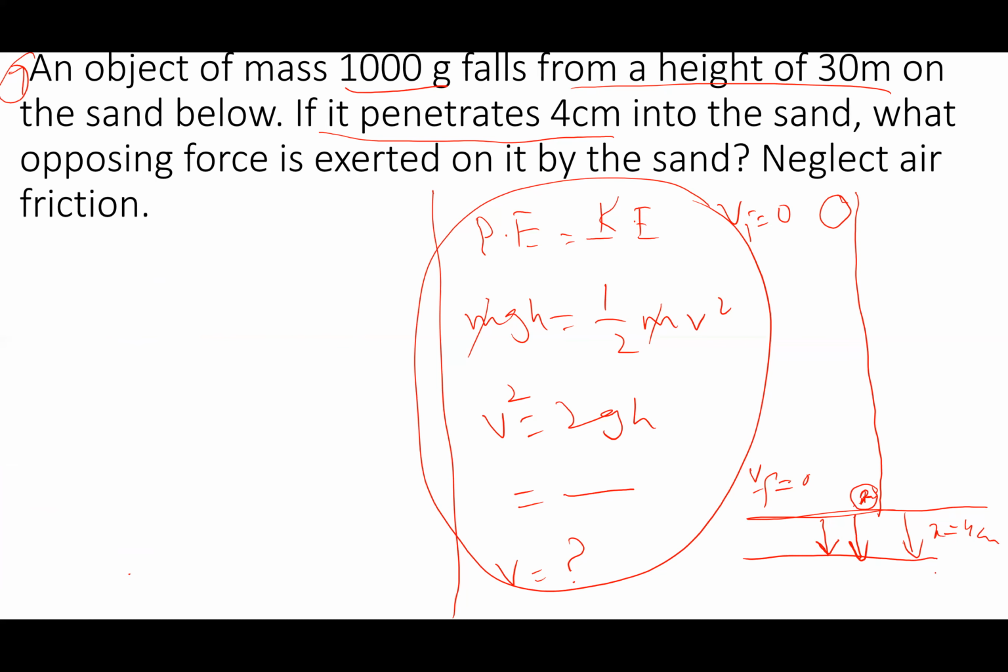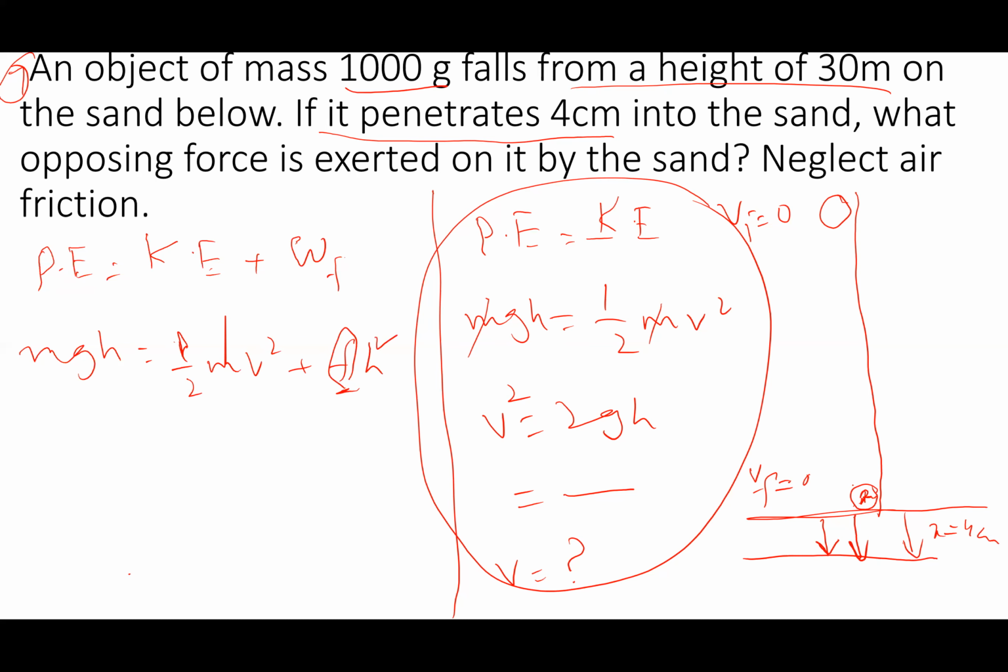Now, according to law of conservation of energy, loss in potential energy is equal to gain in kinetic energy plus work done against friction. So mgh is equal to half mv square plus f dot h. So you can find the value of f.